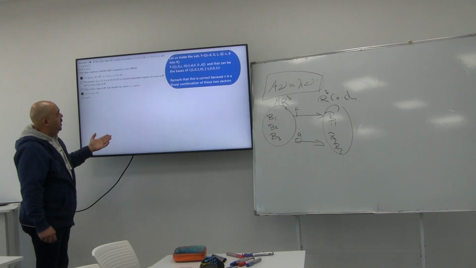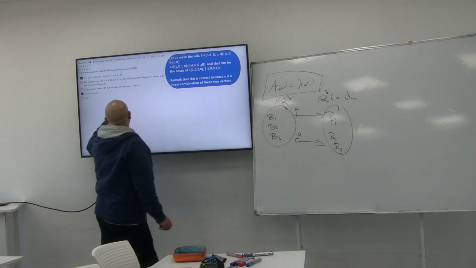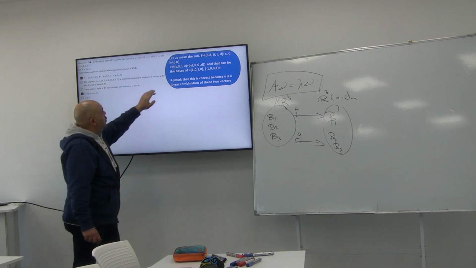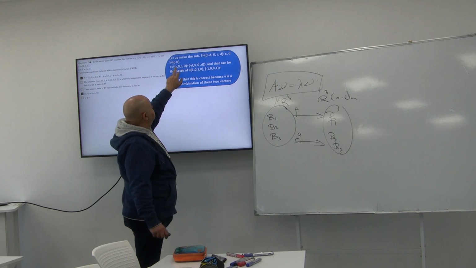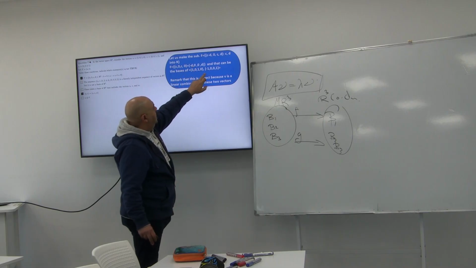So for number A, let's make the substitution. I will replace A by C minus D. I will put B equal to 0, so I will end up having this shape, which means that it's going to be 1, 0, 1, and 0, and the other vector is going to be -1, 0, 0, and 1.